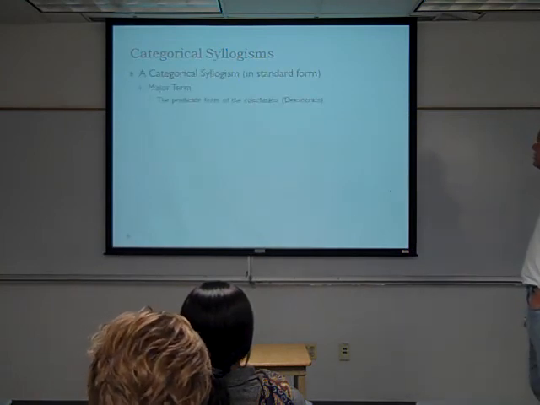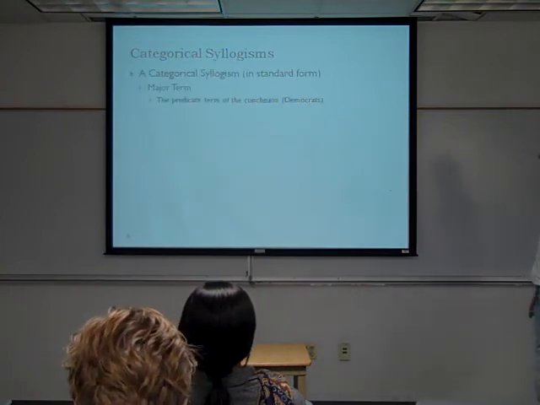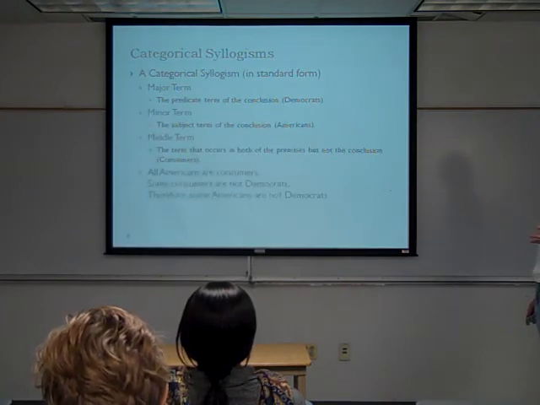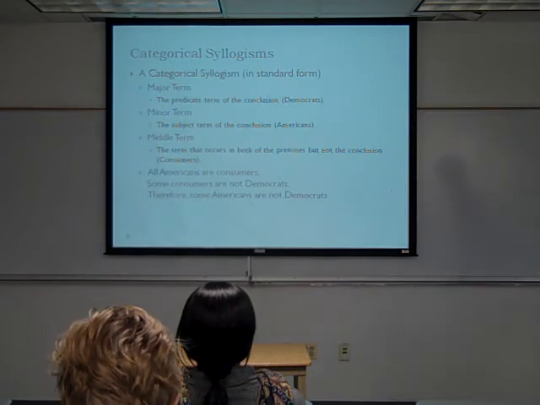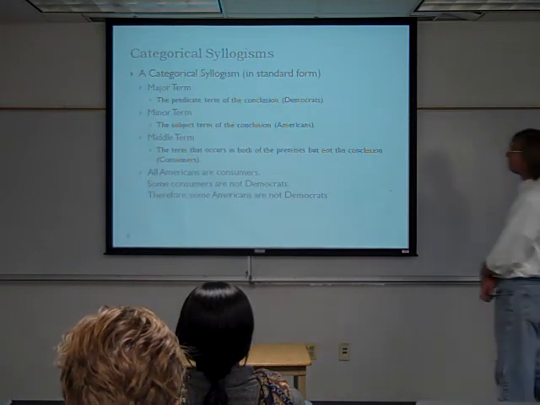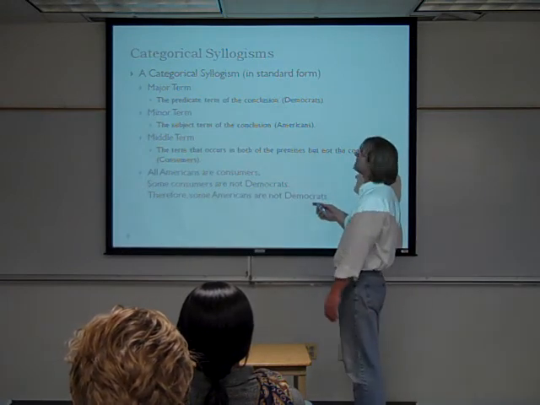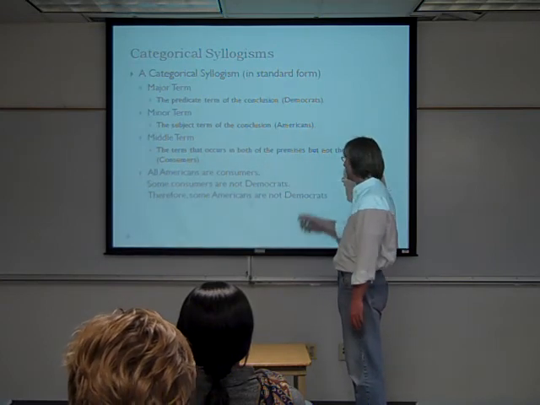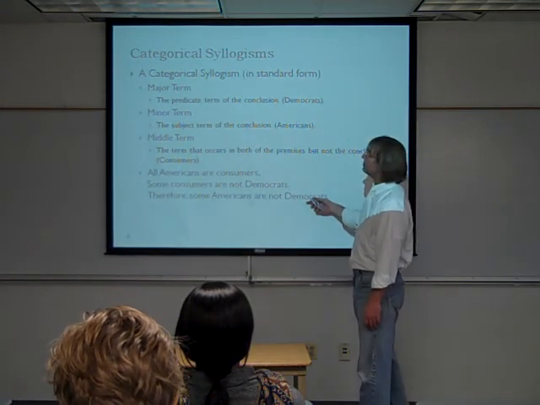Now, categorical syllogisms in standard form are going to have these three terms: the major, the minor, and the middle term. And we should be clear on what each is. The major term is the predicate of the conclusion. Democrats is the major term in this categorical syllogism. So it's the predicate of the conclusion.